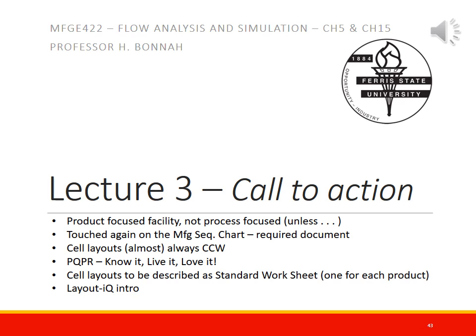Manufacturing sequence chart, required document. Cell layouts, always. And I say almost always. So yeah, it's like everything, rules can be broken. Sometimes you may find that because of whatever, a counterclockwise layout isn't exactly going to work for you. I have an actual example. I would diagram it on the board in class if we were there.